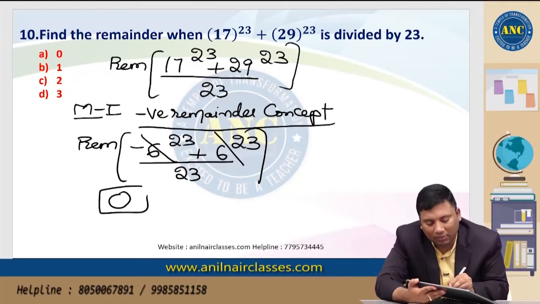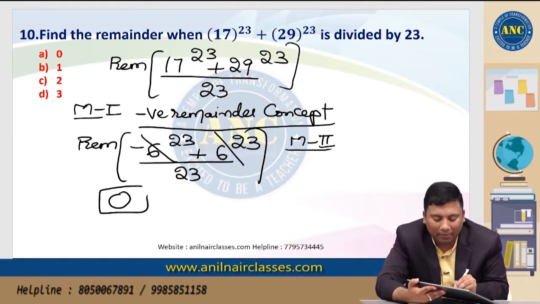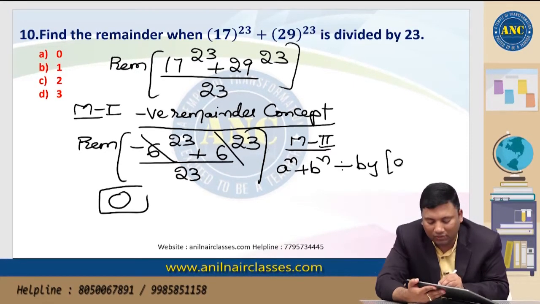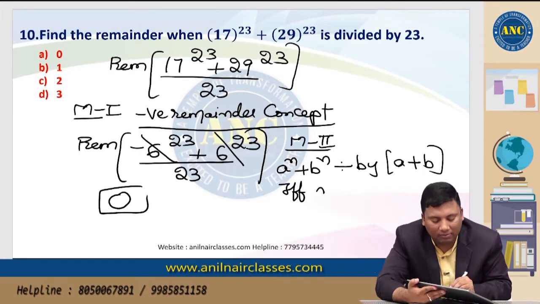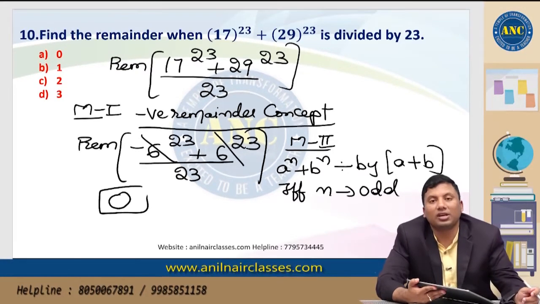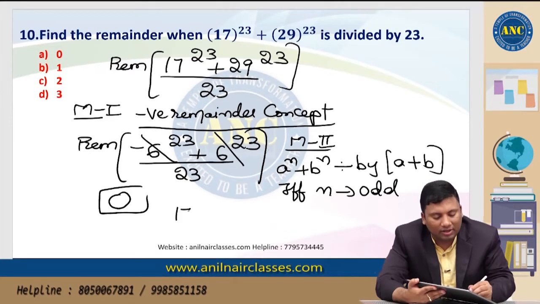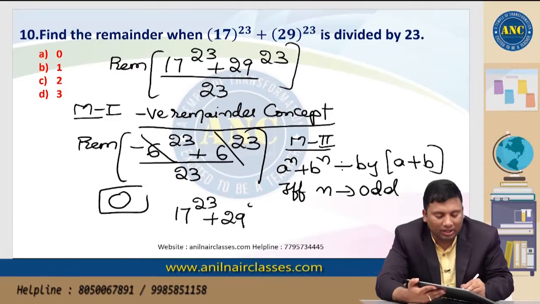This is method 1. Method 2: a power n plus b power n is always divisible by a plus b if n is an odd number. 17 power 23 plus 29 power 23.